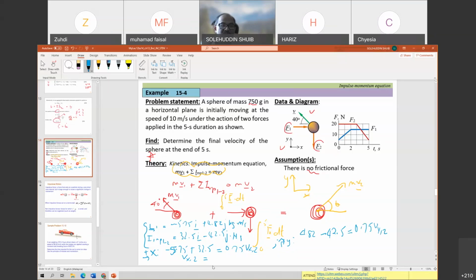We can solve also for Vy2. What do you get? You can write in our chat room. No problem, let me check what your answer is. You can type Vx2 and Vy2 there.